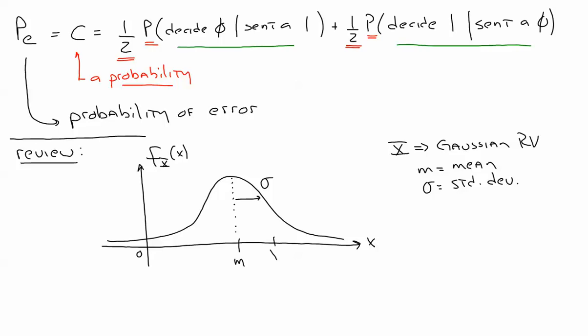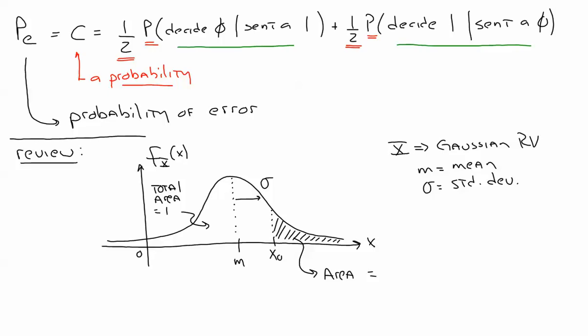Let's pick a point here, x naught, and recall that the total area of any proper probability density function is exactly 1.